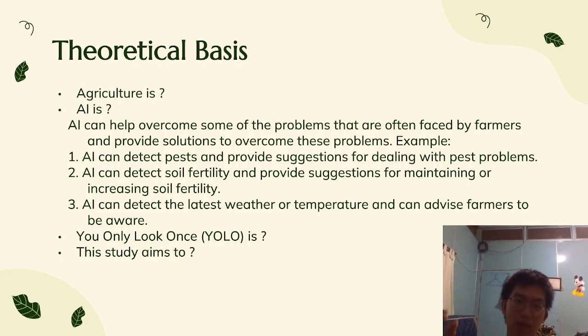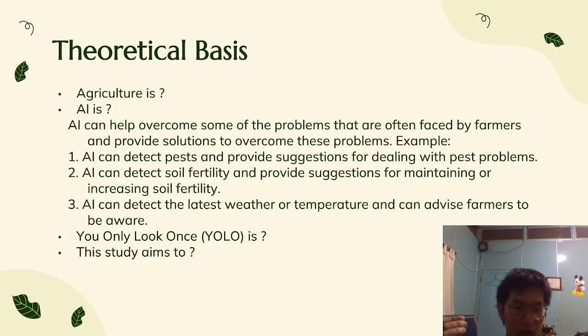For example, AI can detect pests and provide suggestions for dealing with pest problems. AI can detect soil fertility and provide suggestions for maintaining or increasing it. AI can also detect the latest weather or temperature and advise farmers to be aware of it.